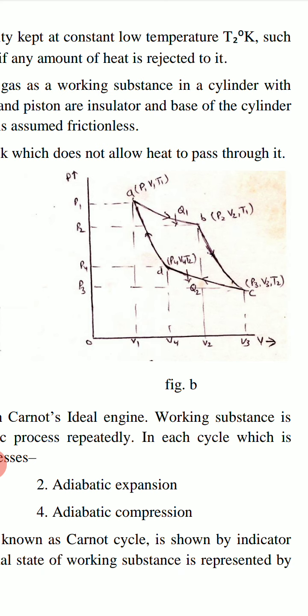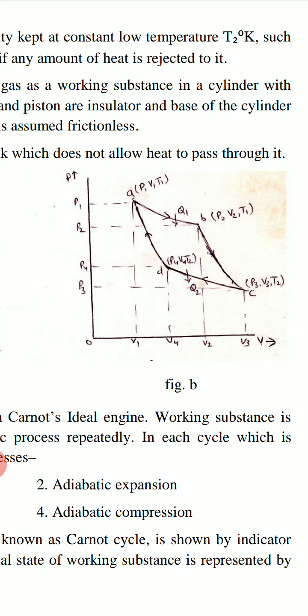For an adiabatic process, we have the equation of state PV to the power gamma equal to constant. For an adiabatic process, the equation of state can also be written as TV to the power gamma minus 1 equal to constant. Now we use this equation of state for the adiabatic process.